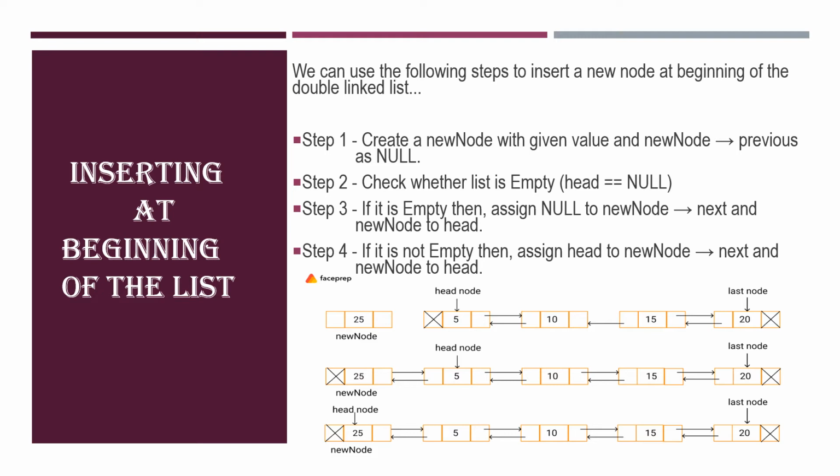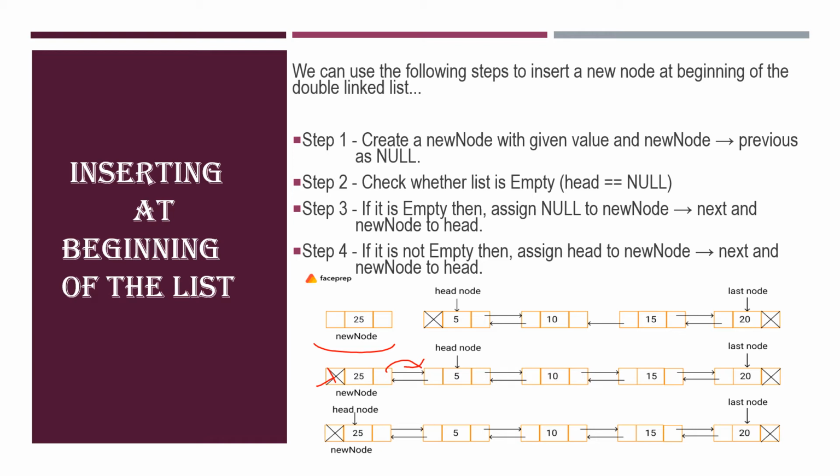Here, let us assume the new node with data 25 has to be inserted at the beginning of the list. For that, the next pointer of the new node is referred to the head node, and its previous pointer is referred to null. We all know that if a node is in first position, the previous part of the first node should be null.